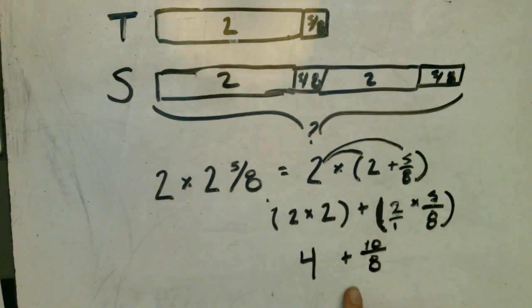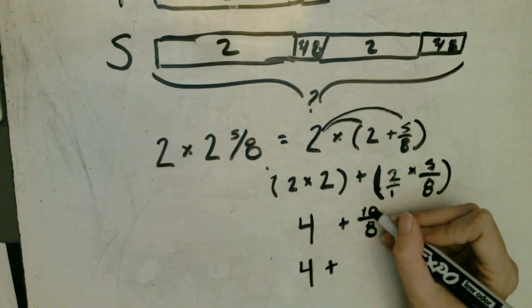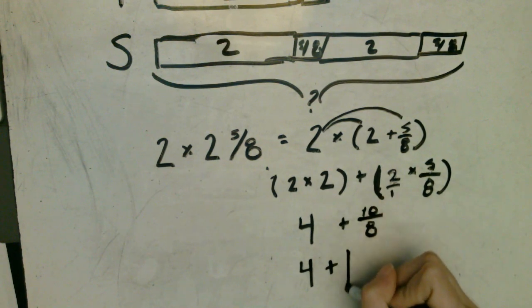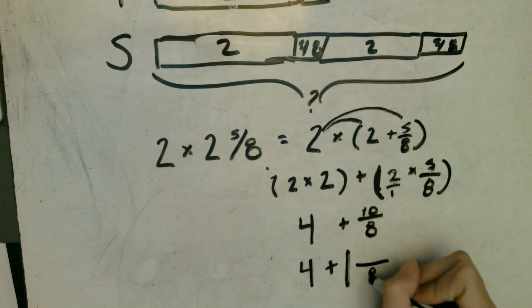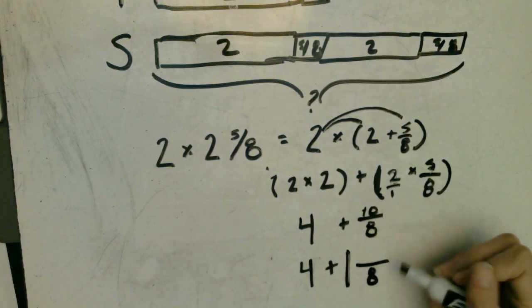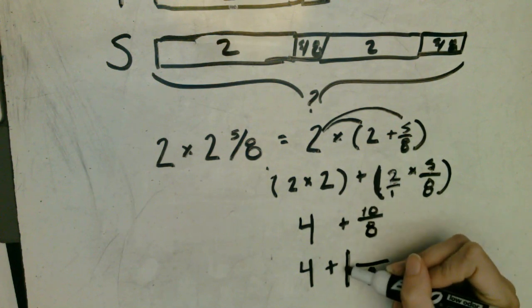Now, 10/8 is an improper fraction. I know I can see that my numerator is bigger than my denominator. So let's change that into a mixed number really quick. We'll leave the 4. 8 can go into 10 one whole time. I'm going to leave my 8 as my denominator. We need to figure out our numerator. 8 times 1 gets us 8.